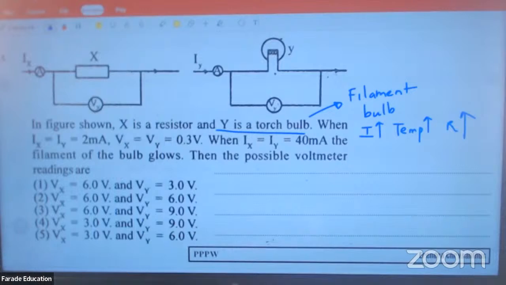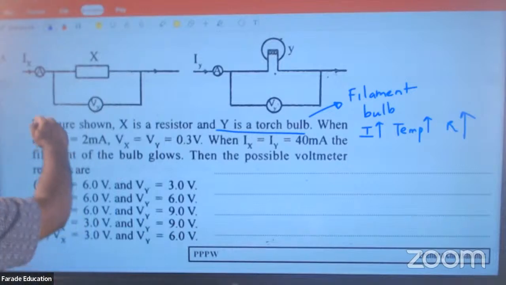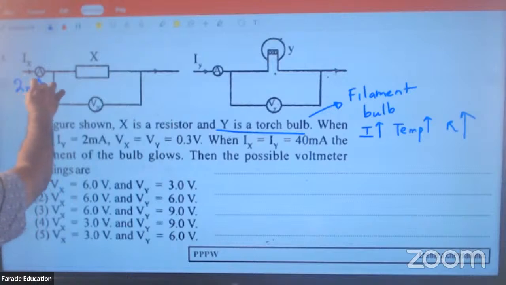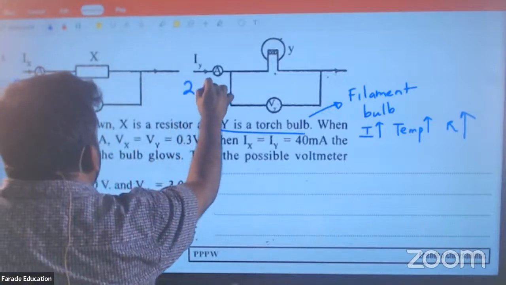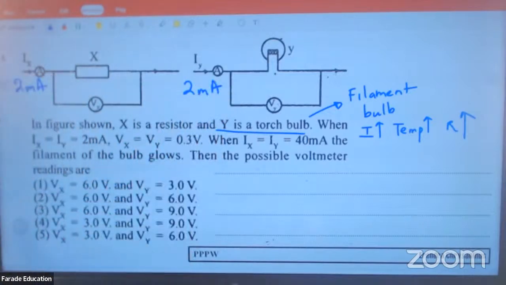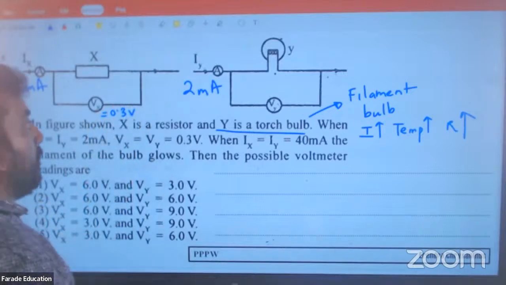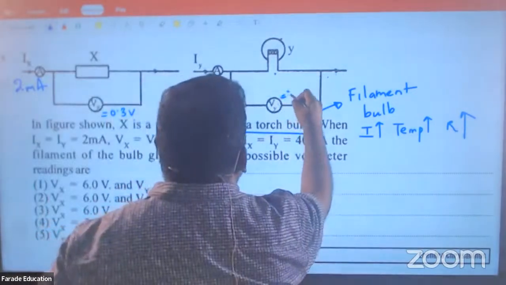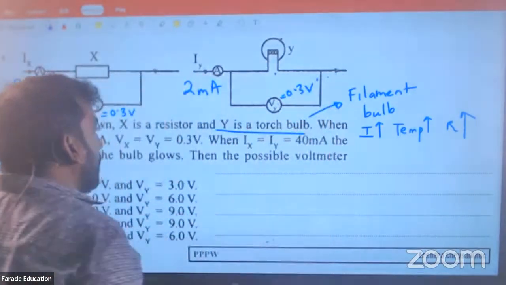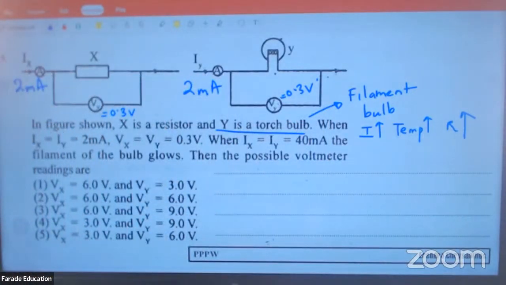Okay. They're telling you Ix is 2 milliampere, Iy is 2 milliampere, voltage across X is 0.3 volt, voltage across Y is 0.3 volt.